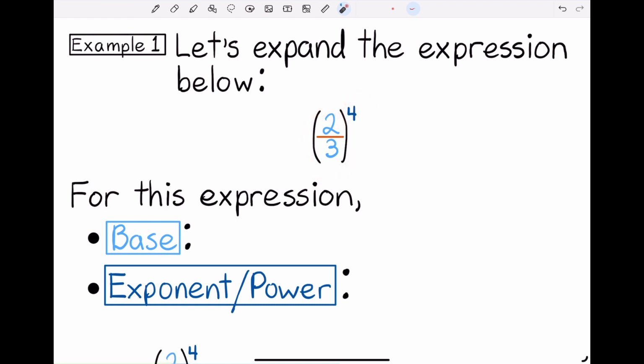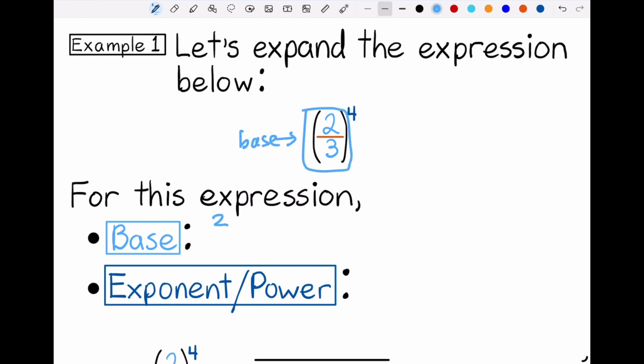And in any exponential expression, we need to identify the base and the exponent or power. So if you remember, the base is usually written a little larger in the exponential expression than the exponent. And so here we have 2/3 written larger than the 4. So that tells us that the 2/3 is our base.